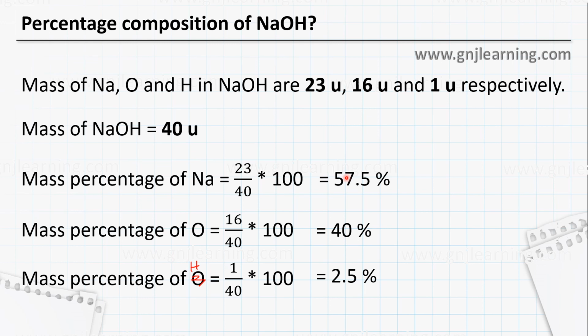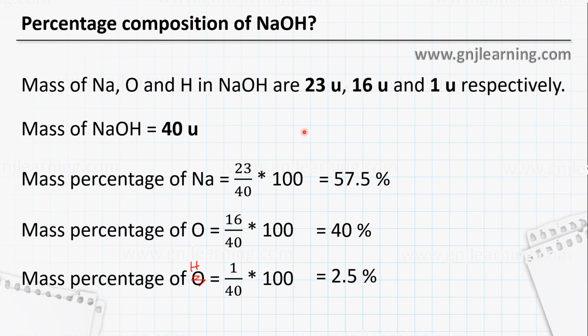So you can verify that in that way. So percentage composition of NaOH is finding the mass percentage of each atom. So I have found out the mass percentage of sodium, the mass percentage of oxygen, and the mass percentage of hydrogen.